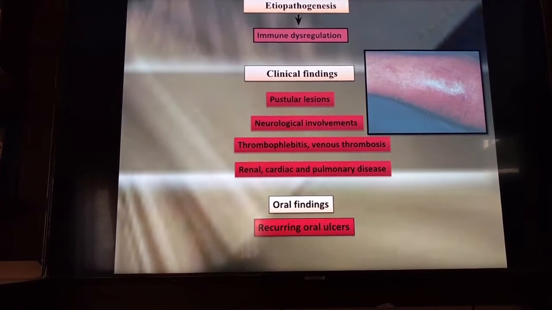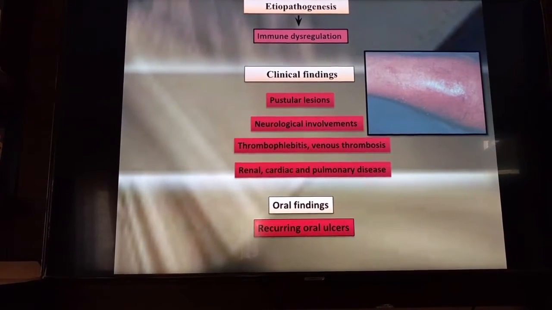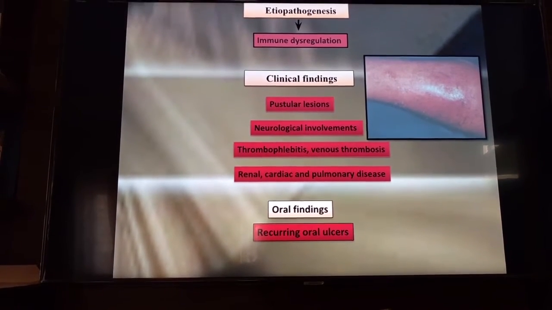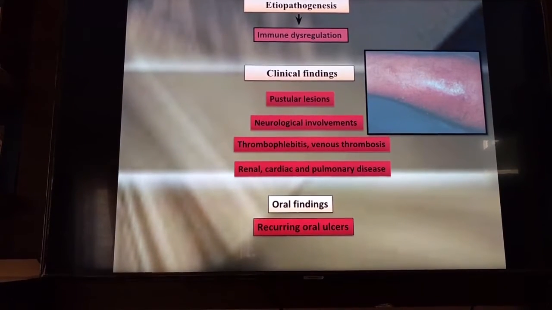In many situations, people like Jews are susceptible to pemphigus because of the HLA-DR4 and DQ8 haplotypes, which are associated with pemphigus. This is because of genetic factors.